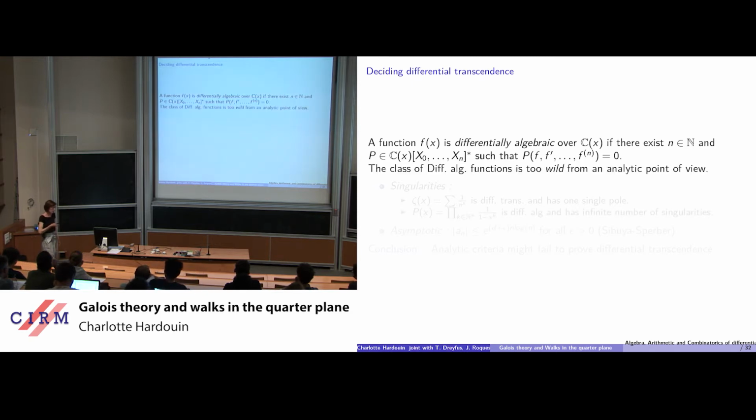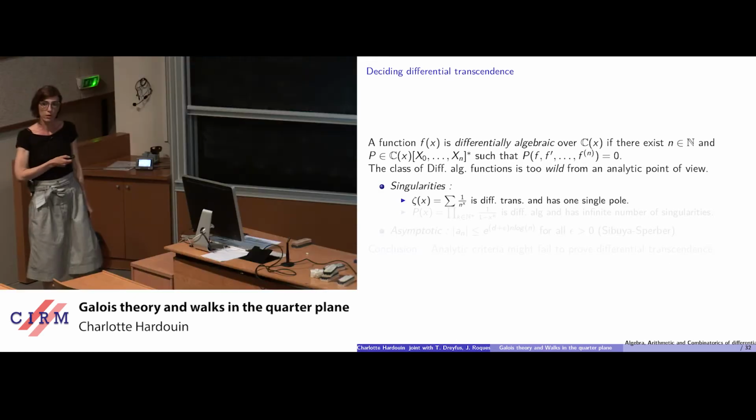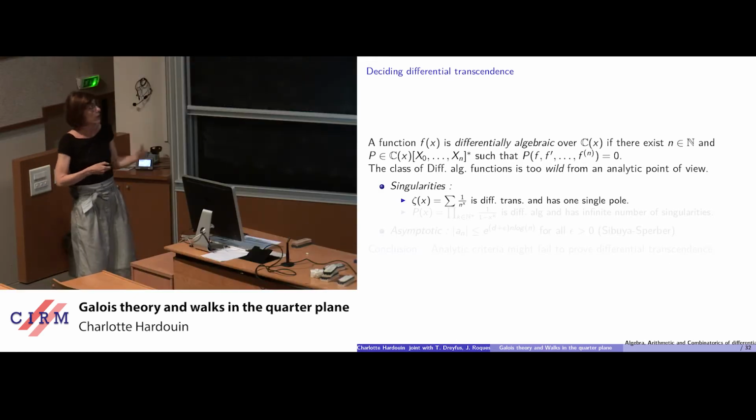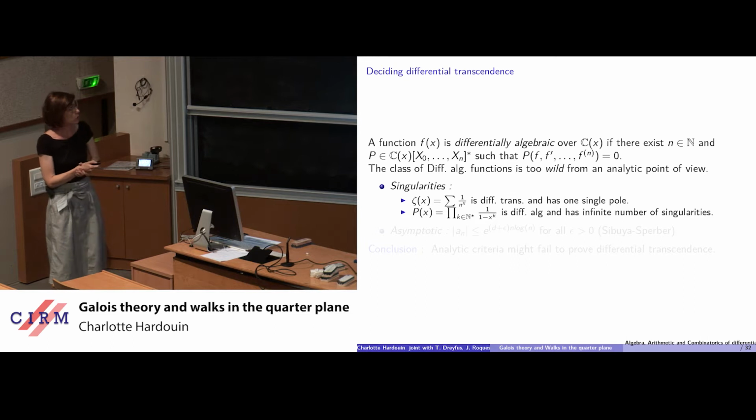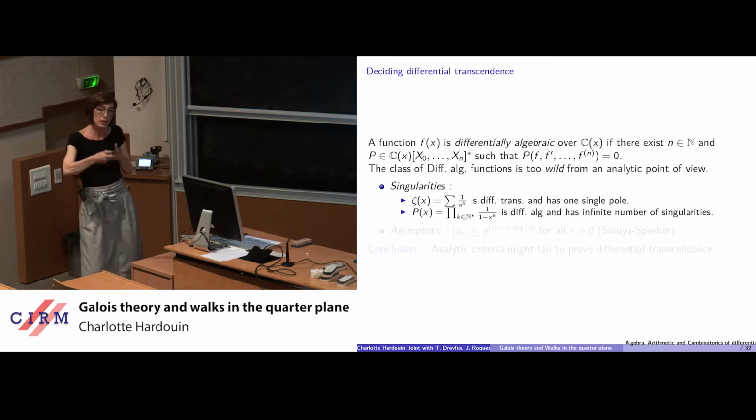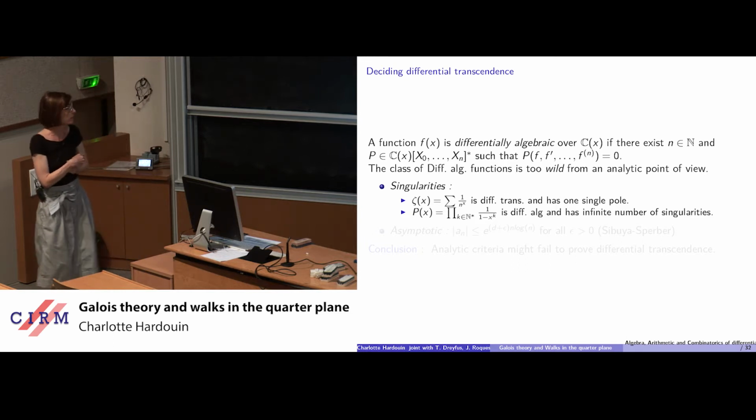In fact, it's due to the fact that the differentially algebraic functions form a very wide class. So for instance, any kind of things can happen. If you check the singularities, the theta function, which is a differentially transcendental function, has only one single pole. And the partition function is differentially algebraic and has an infinite number of singularities.